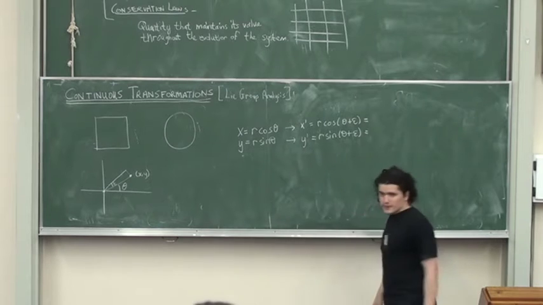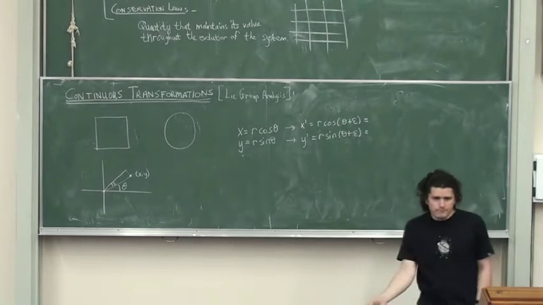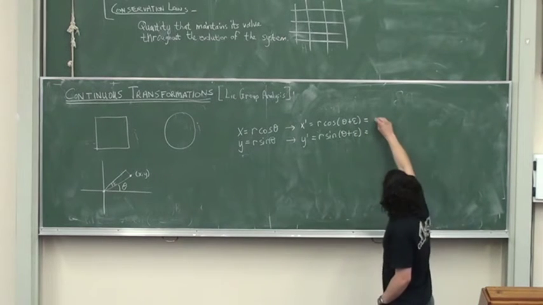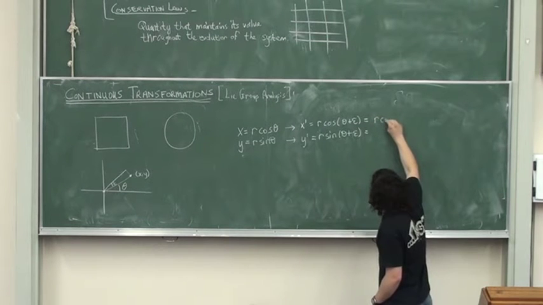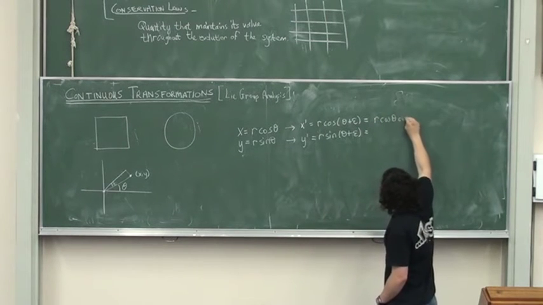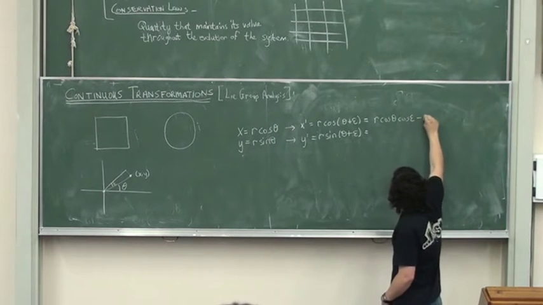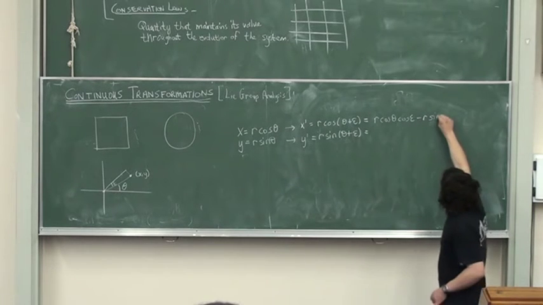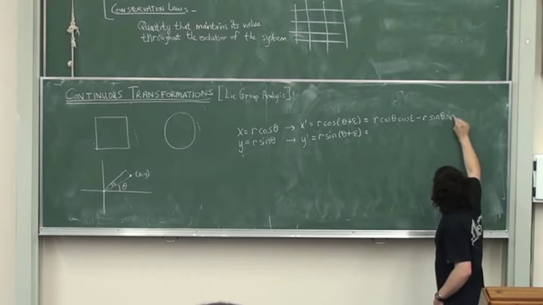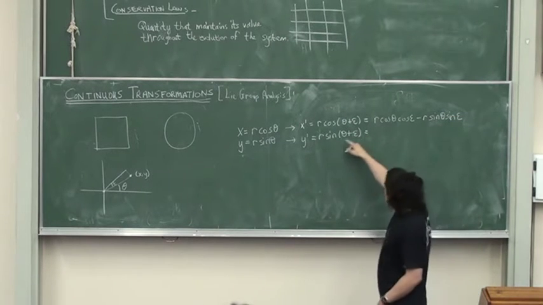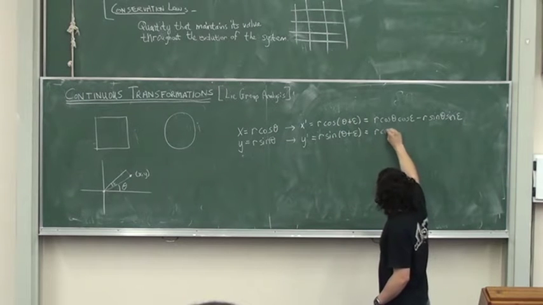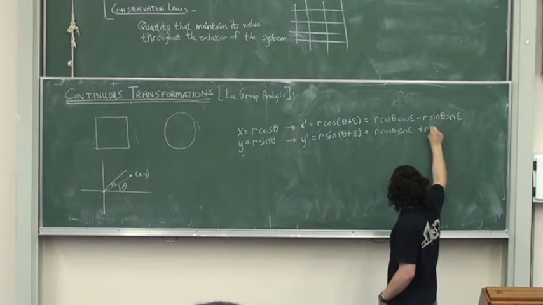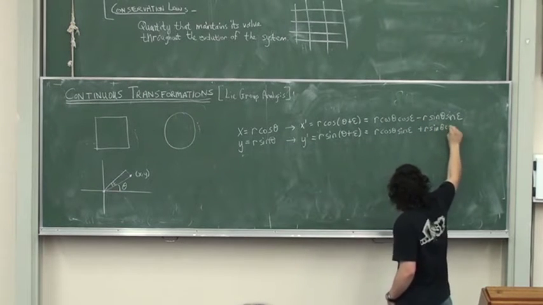Now I can write these out further using the compound angle formulas: x prime is r cos theta cos epsilon minus r sin theta sin epsilon, and y prime is r cos theta sin epsilon plus r sin theta cos epsilon.